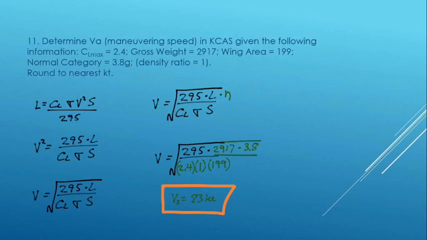And we wind up with a VA now of 83 knots. Density ratio is 1 because it's given as 1, but these are sea level conditions normally. So the VA for this airplane would be 83 knots.